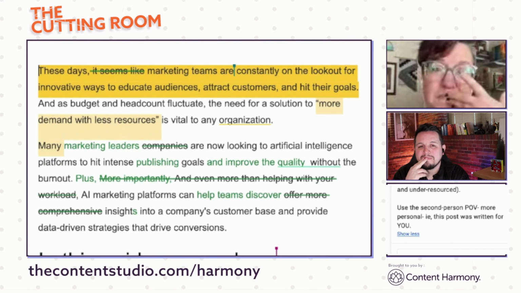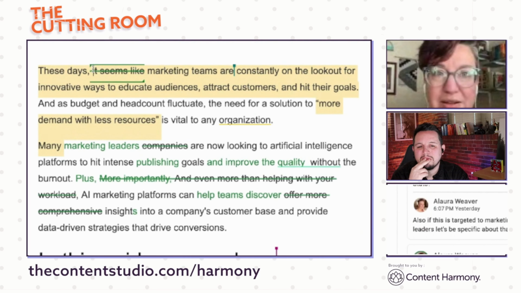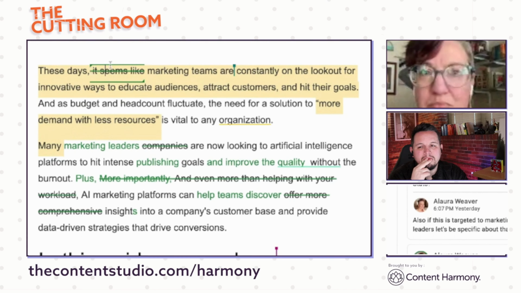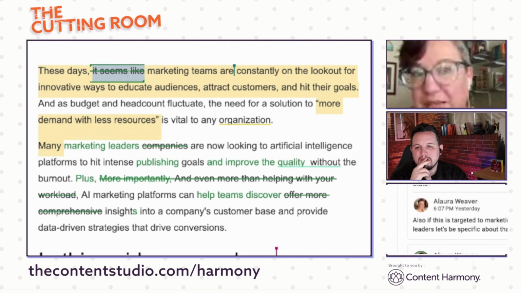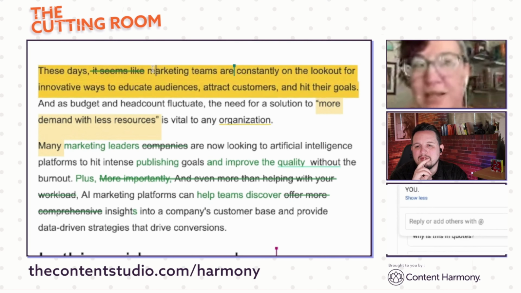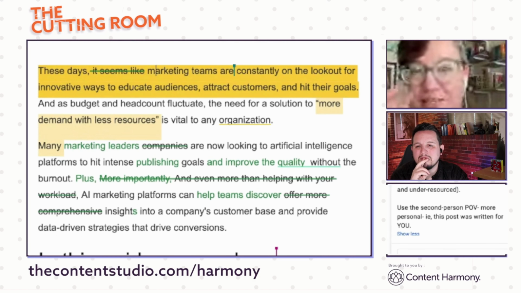Taking a look here also, just to give a shout out to Writer. Writer is the one that recommended, I don't know if you can see it, getting rid of this because it seems like it weakens a sentence. But since we wouldn't be using that, I would be recommending to take out the sentence altogether.